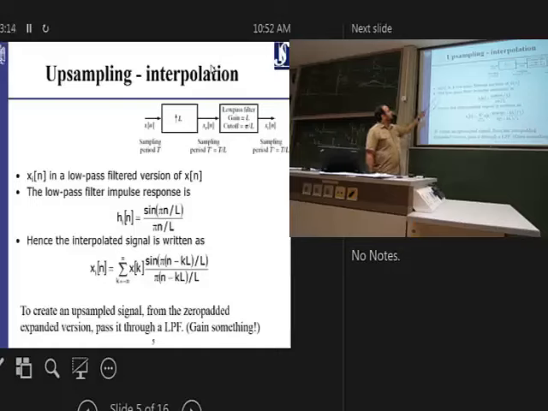We know that h of the filter is a sinc function. We know how it looks. So the interpolated signal is actually x of k, any of those values of the signal, the DFT of the signal, times the sinc function, which is scaled and shifted and averaged.